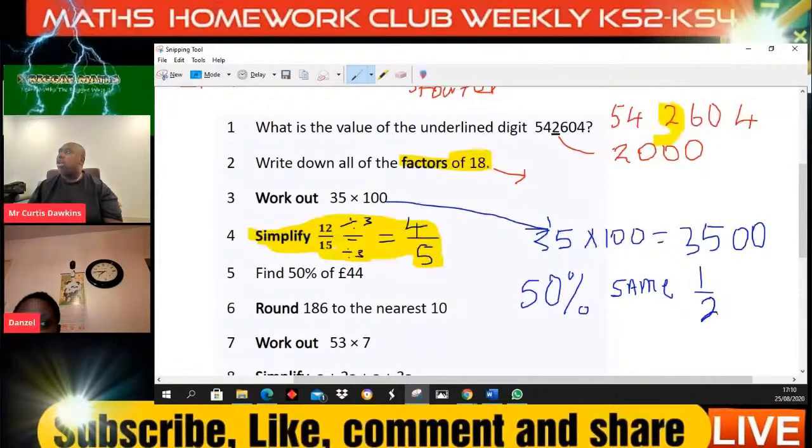And we know how to work out a half, right? 50% is the same as a half. Copy this in a book. Key piece of information here. 50% is the same as a half.